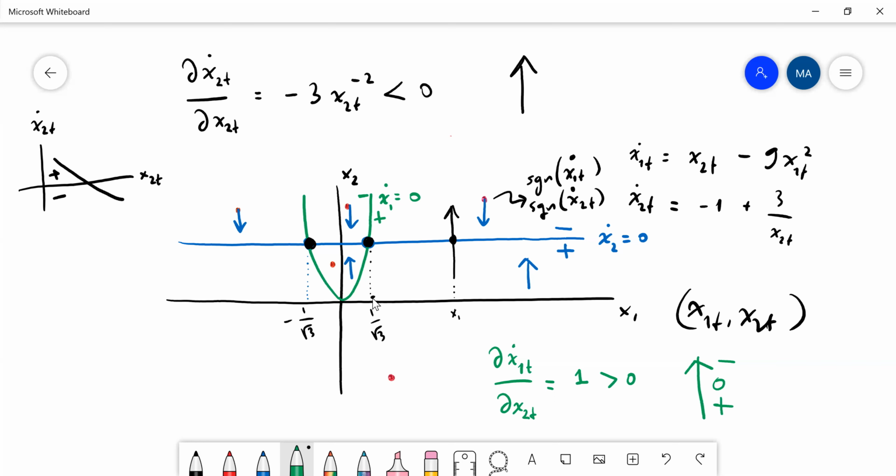And both below blue and below green, I have an increase in x1. Then here also, I have an increase, and here I have an increase, right? Now, above the green line, x1 will decrease. That's it.